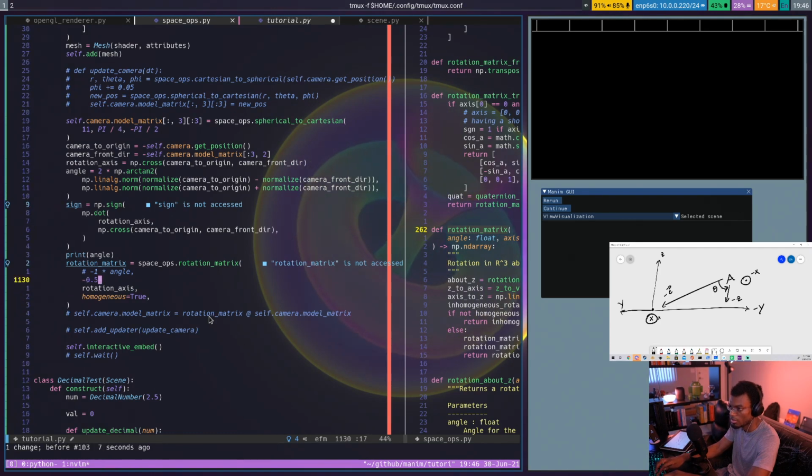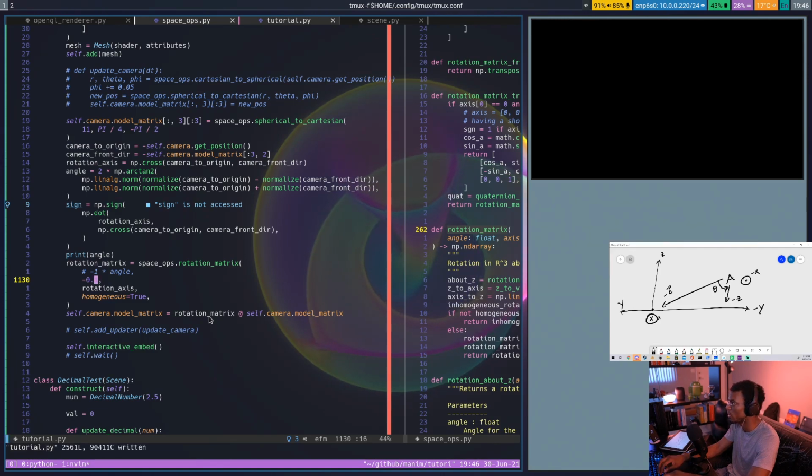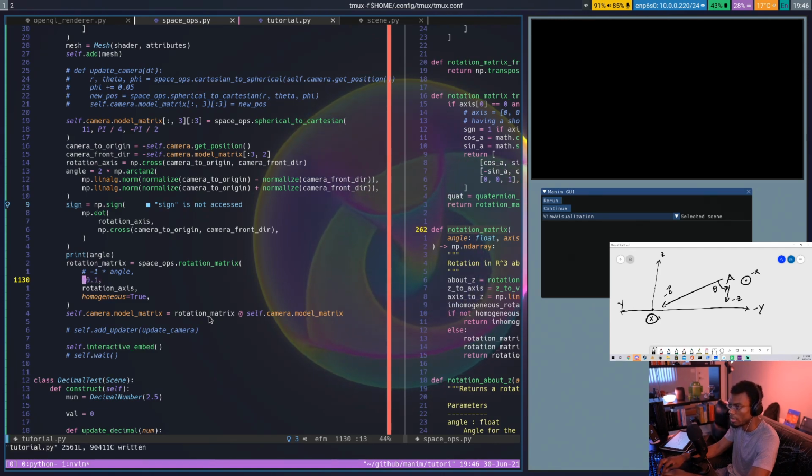Oh, because I'm not multiplying it there. That'll do it. Okay, so I'm going to split this back to 0. Okay, that's 0. Negative 0.1. Already off the screen. Positive 0.1? Wait, that's just leaving it where it was.